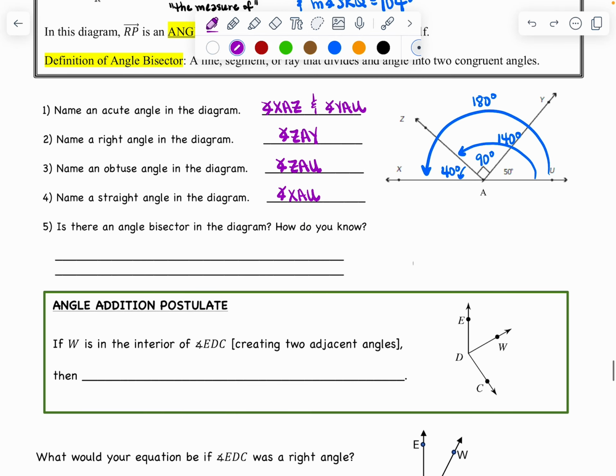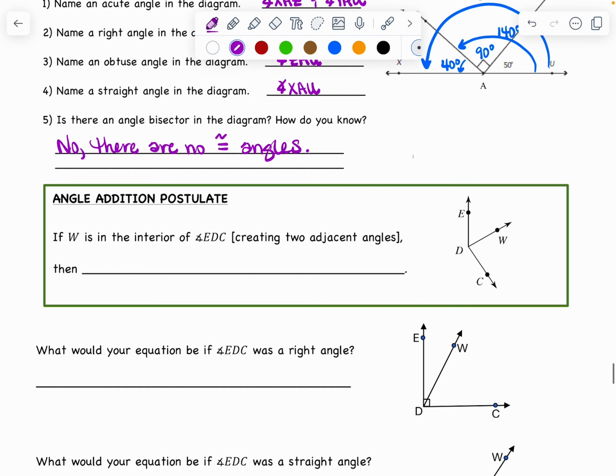So there is not an angle bisector in this diagram. So no, there are no congruent angles. And of course, they have to be side by side, congruent angles. They have to be on either side of that shared angle bisector.